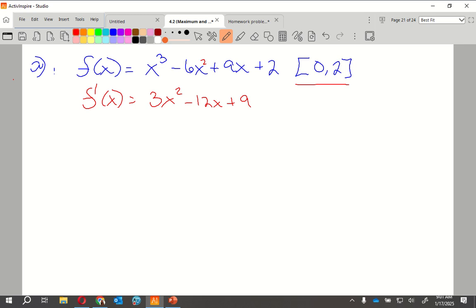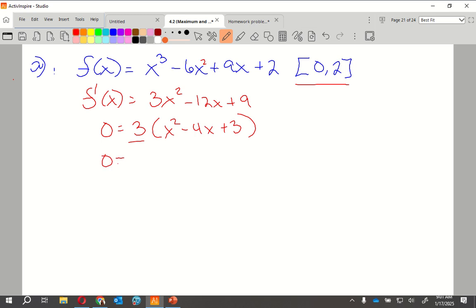Alright, so I only want the points that are between 0 and 2. That's it. Anything else I don't really care about. Set it equal to 0. Factor out a 3, and divide both sides by 3, so this goes away.